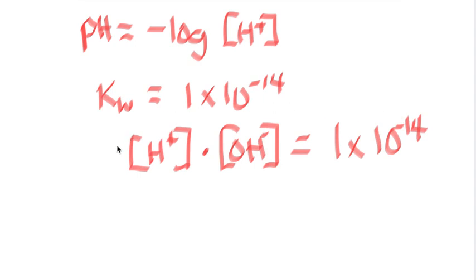So using this ionization constant, you can solve for either one of these concentrations if you know the other one. So if you're given the hydroxide ion concentration, you can solve for the hydrogen ion concentration using this equation, and then plug the hydrogen ion concentration back into this equation and solve for pH.